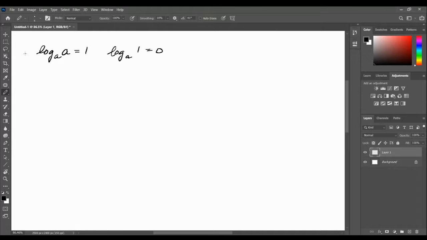And we also saw the change of base rule. We've got log base n of m. Then we could convert that to log base b of m over log base b of n, where b can be anything we want.